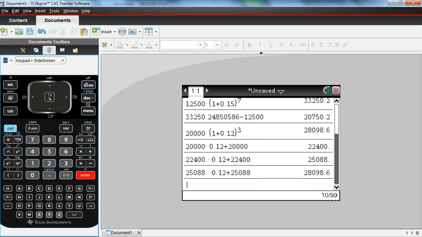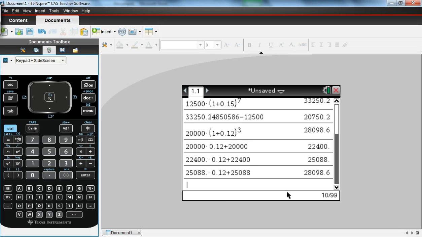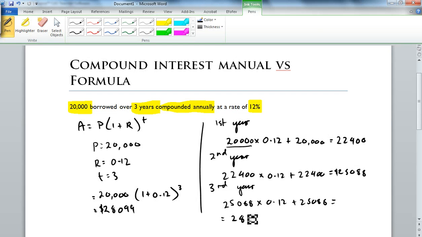So there we go, that's how we end up coming to that figure.